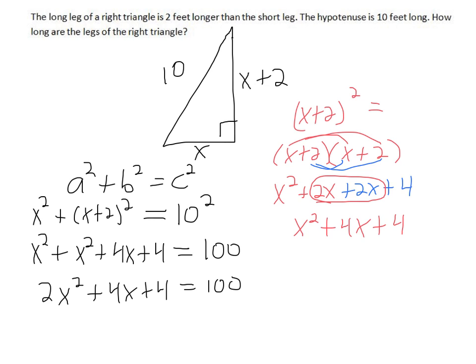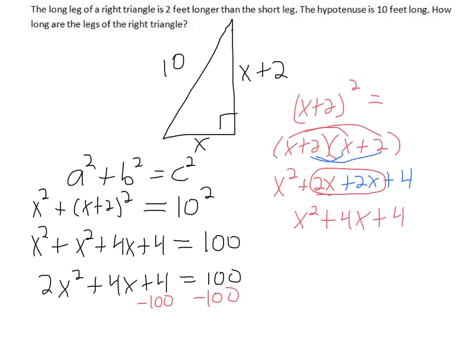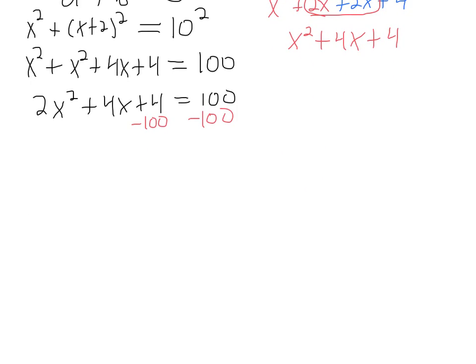Now when we're solving quadratic equations, we want to have the whole thing on one side equals 0. So I'm going to subtract the 100, and we get 2x squared plus 4x minus 96 equals 0.